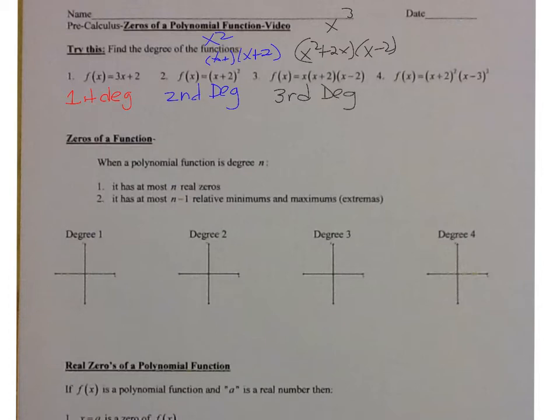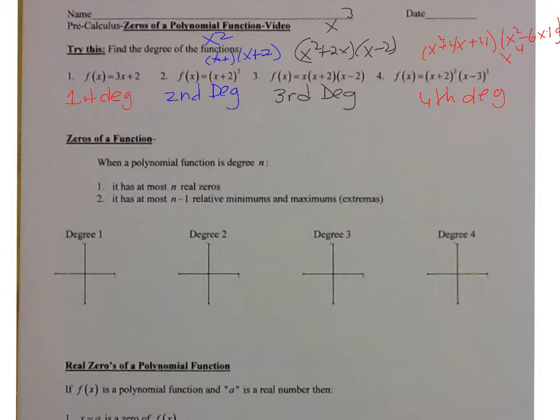And let's take a look at 4. So I have an (x plus 2) squared, which is x squared plus 4x plus 4, and (x minus 3) squared, which is x squared minus 6x plus 9. And then when I distribute that, I'll get an x to the fourth. So this is a fourth degree polynomial.